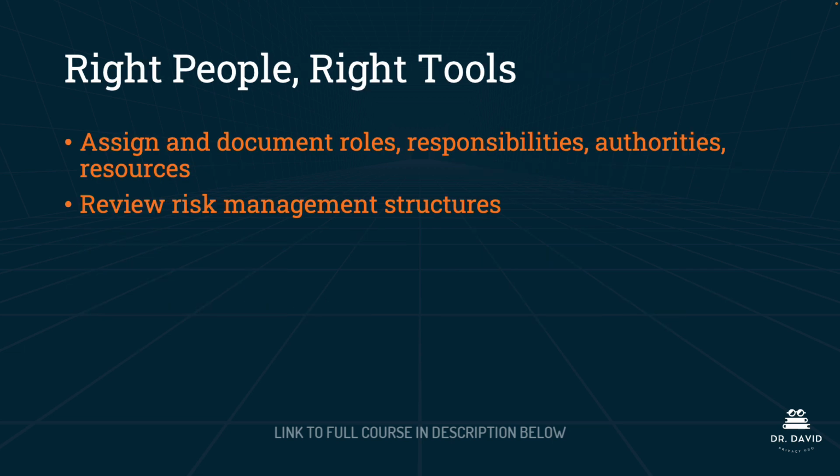The phrase "right people, right tools" is intended to convey the importance of assigning and documenting roles, responsibilities, authorities, and resources. This is something that, as we'll see in Domain 6, is central to standing up an AI governance body.